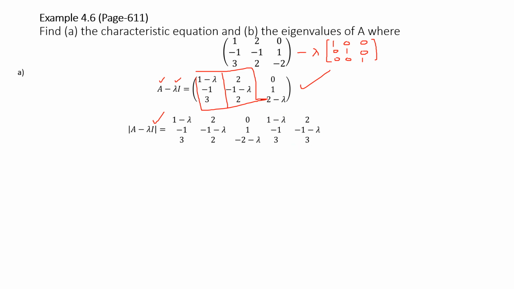So I'm cleaning it. Okay, first let's do this diagonal, then this diagonal, and then this diagonal, then minus, start with this diagonal, this diagonal, and this diagonal. So 1 minus lambda, 1 minus lambda, and 0 minus lambda.